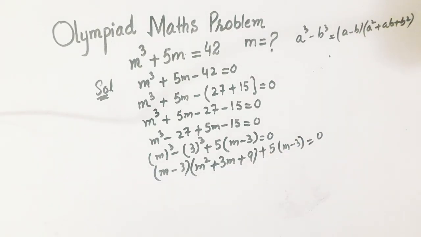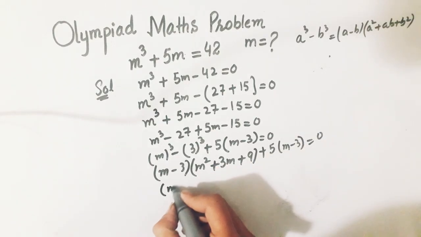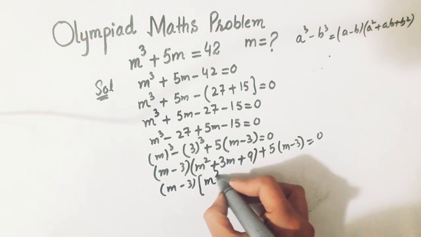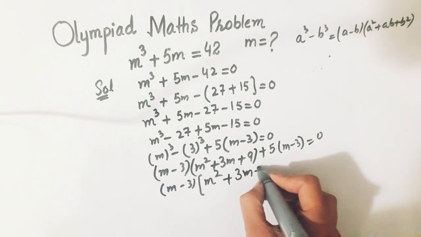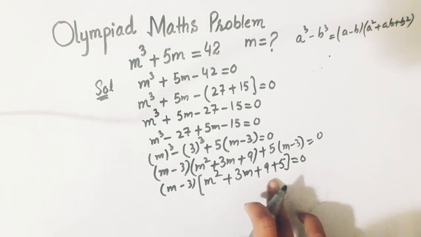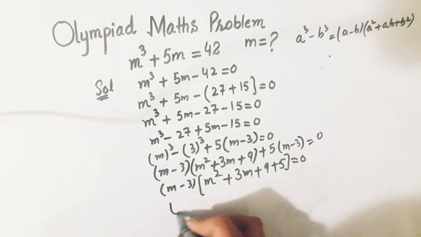Now we can take m minus 3 as common from this, because it is there 2 times. So m minus 3 is taken as common, remaining is m square plus 3m plus 9 plus 5 equals 0. So 9 plus 5 is 14.